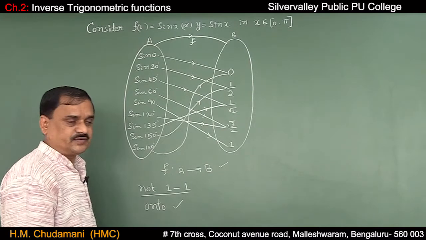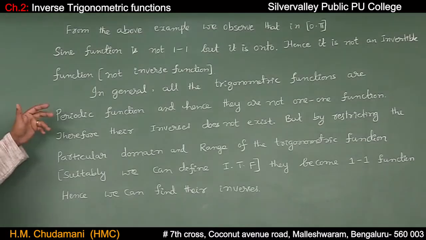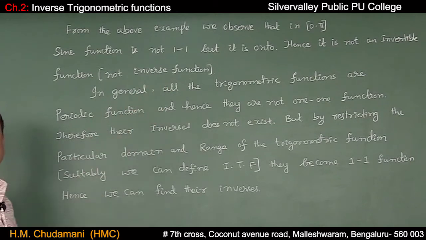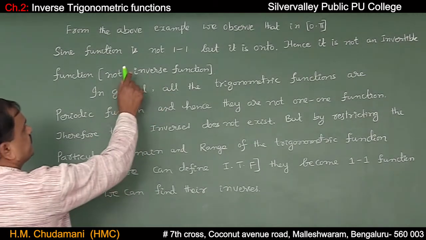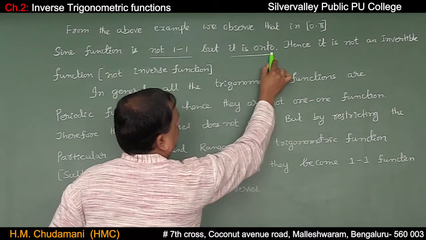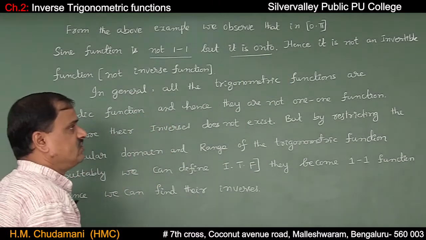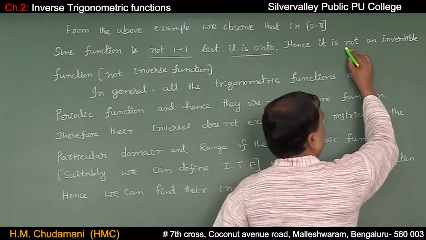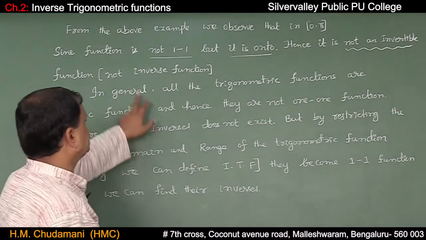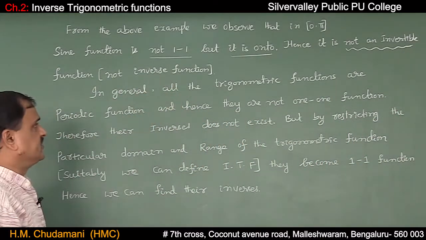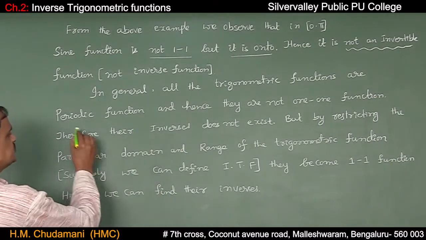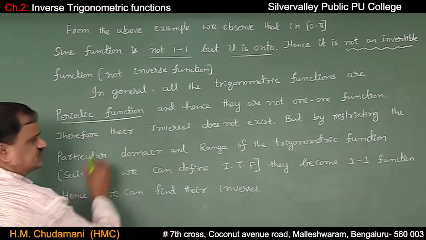Okay, let us see. From the above example, we observe that in the closed interval 0, pi, the sine function is not one-one, but it is onto. Hence, it is not invertible. That means the inverse of the function does not exist. In general, all the trigonometric functions are periodic functions.